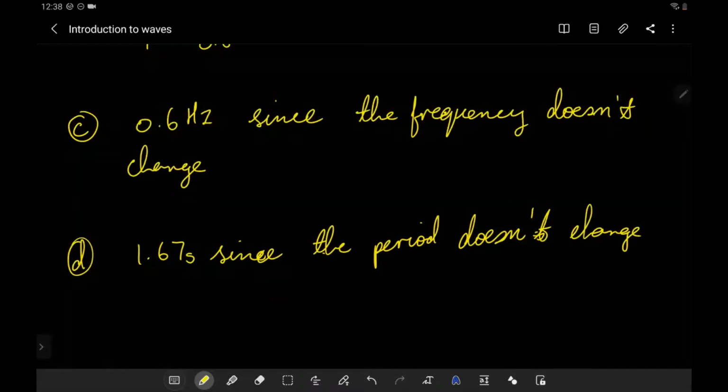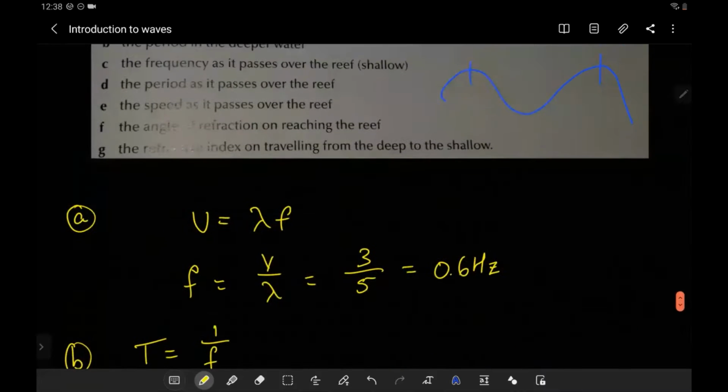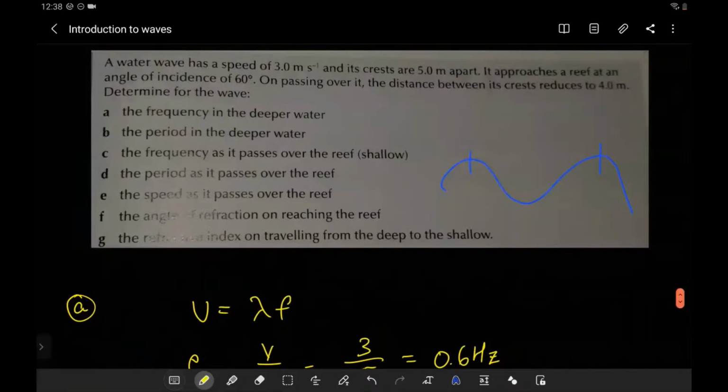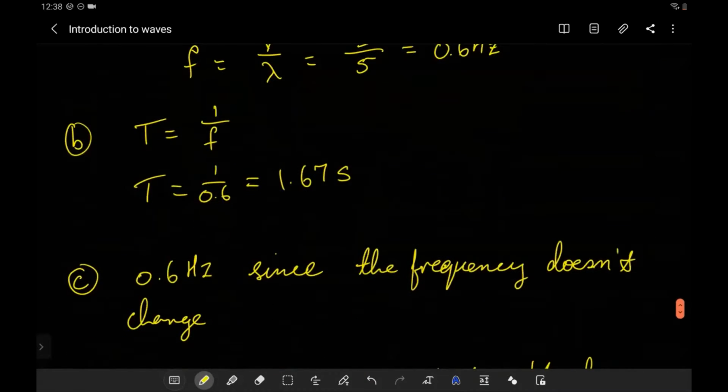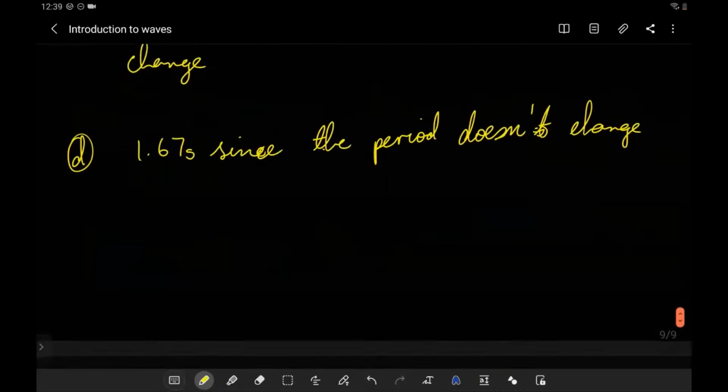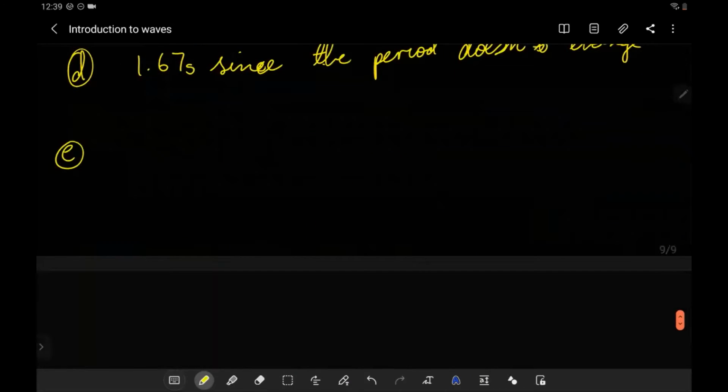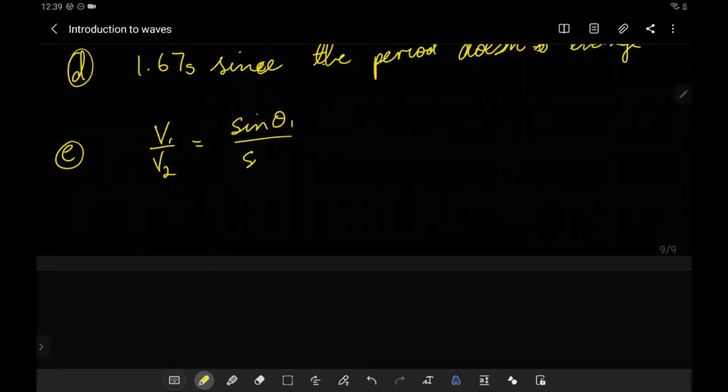Okay, nice. They ask us now, part F, the angle of refraction on reaching the reef. Remember the reef would in a sense be the denser medium. So we have part E would be v1 over v2 is equal to sine theta 1 over sine theta 2.